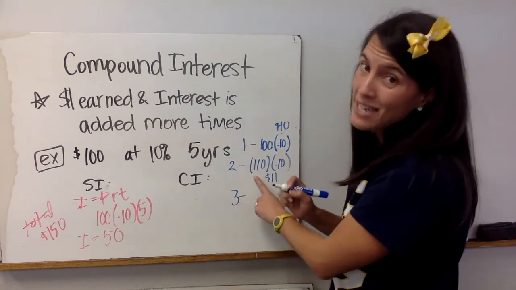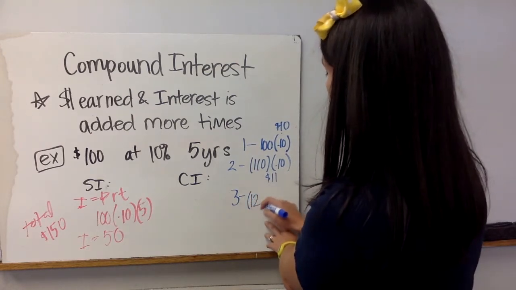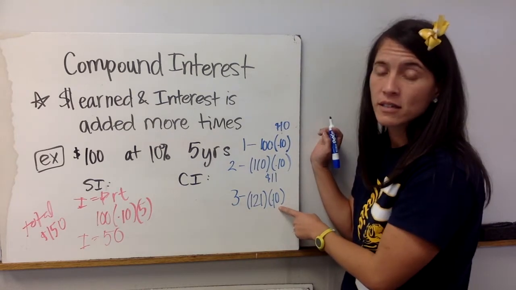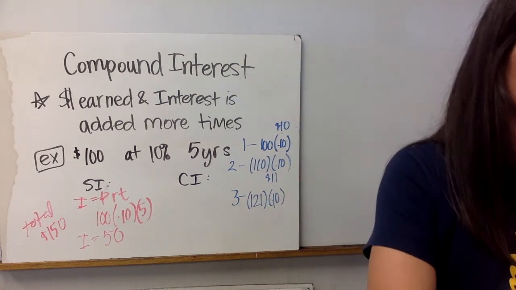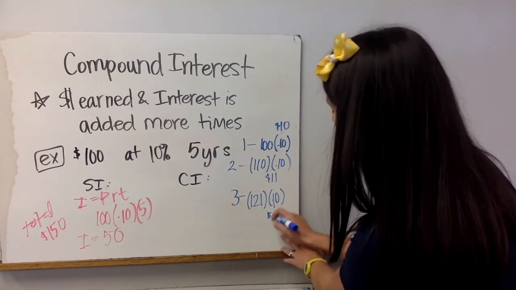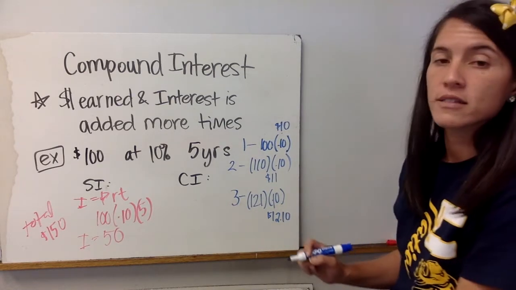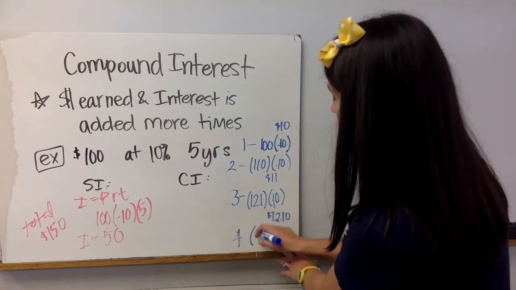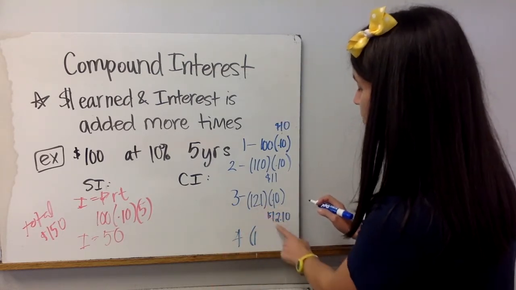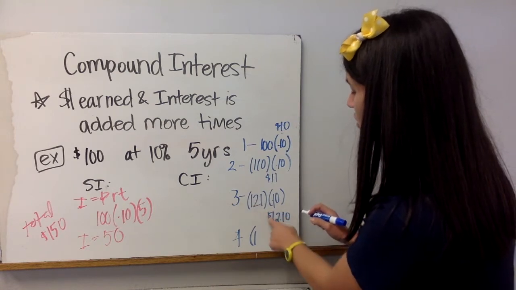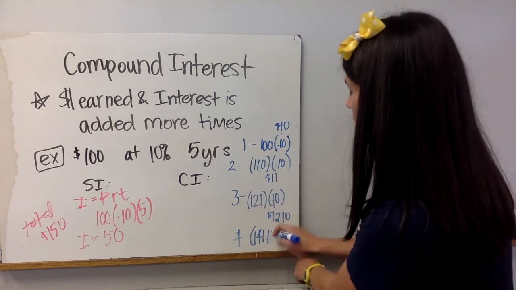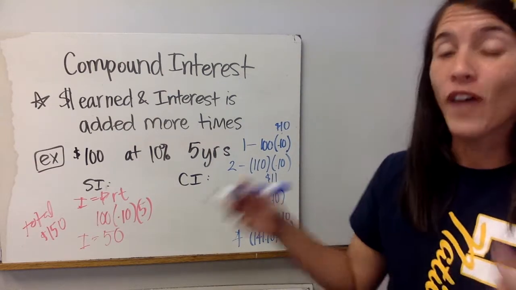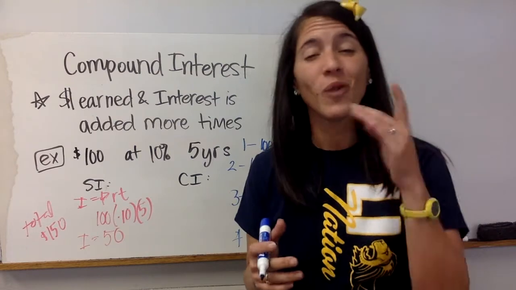So instead of $110, it's actually $121 times 10%. And then you get $12.10. And then for the 4th year, you're going to add those together, and it's $141.10 times 10%. You find the interest, you add that, and then you do it one more year for 5 years.